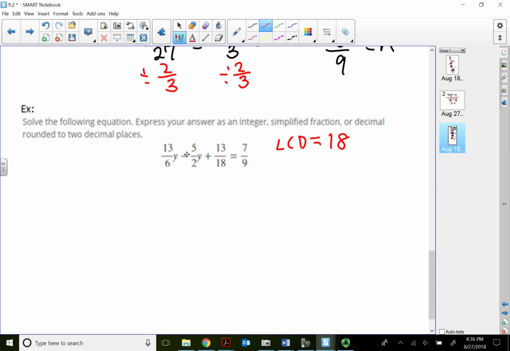So I'm going to multiply every term by 18, okay? So when we say times by 18, that 18 is automatically on the numerator. So that 18 on the numerator is going to cancel out with my denominator. So that's what it means to clear the fraction, because all my denominators are going to become 1.